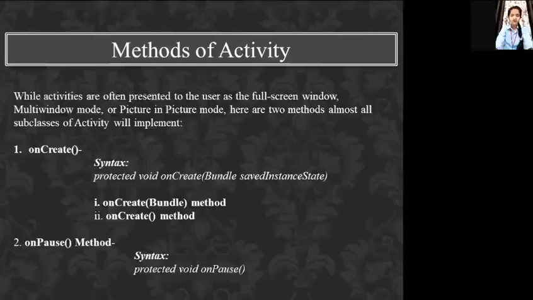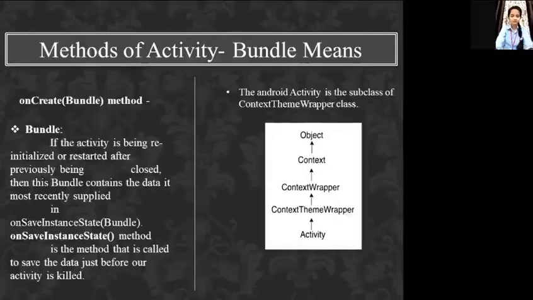Next slide is methods of activity, bundle. What is a bundle? If the activity is being initialized or restarted after previously being closed, then this bundle contains the data it most recently supplied in onSaveInstanceState. The onSaveInstanceState method is the method that is called to save the data just before our activity is killed.